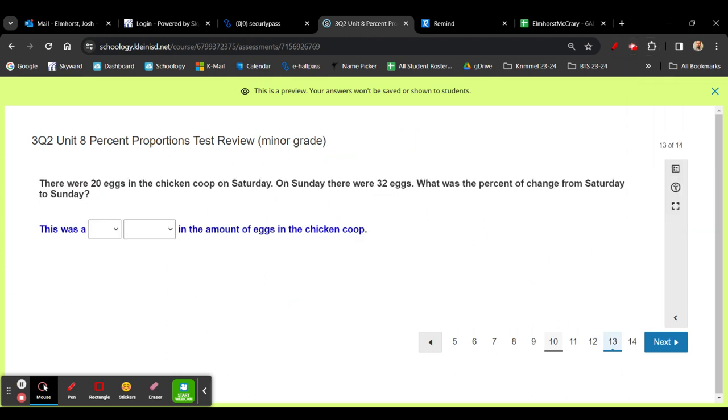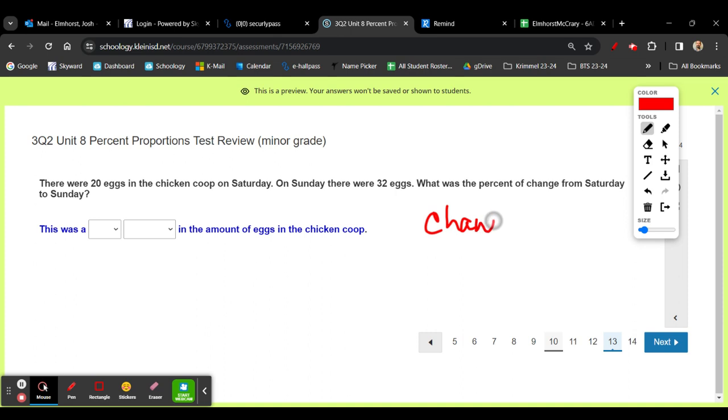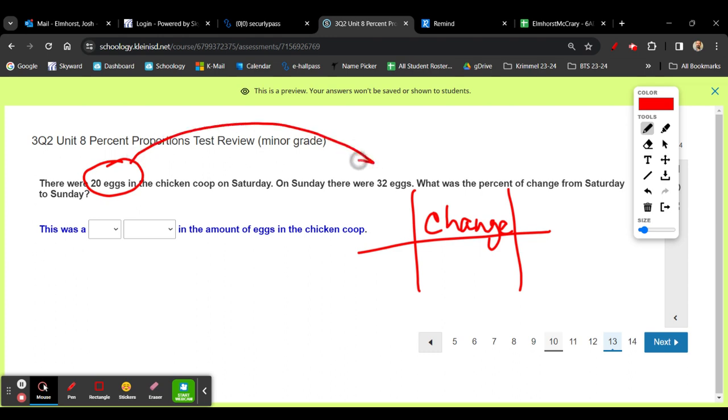So question number 13, we worked on this yesterday. We have the change in price over the original, the increase or decrease percent proportion, focusing on the change. So on Saturday, they had 20 eggs. And then the next day, did it go up or down?